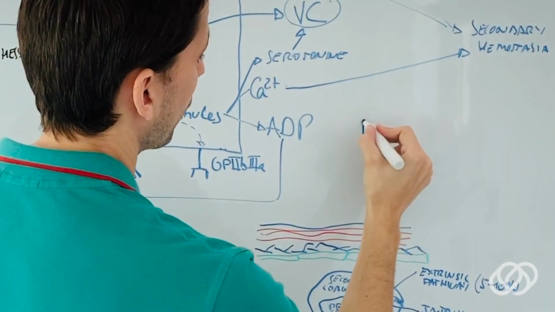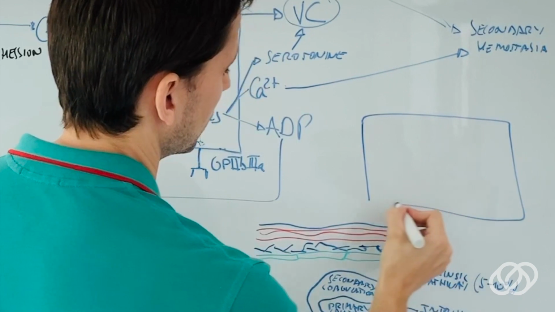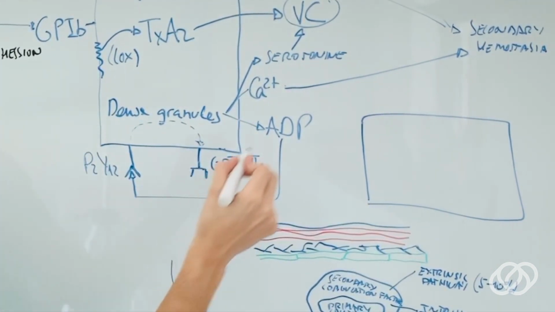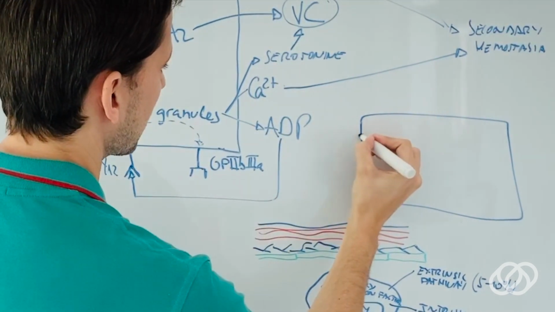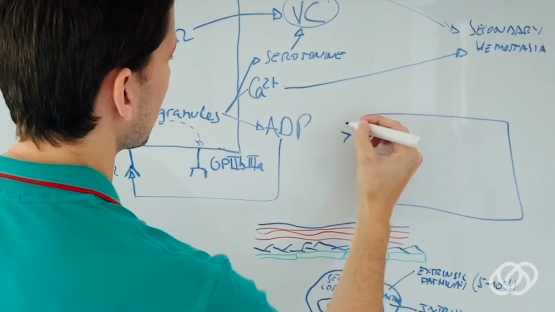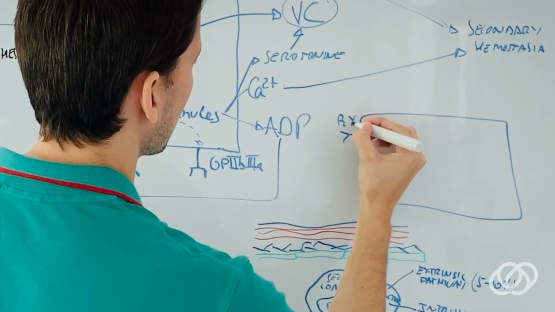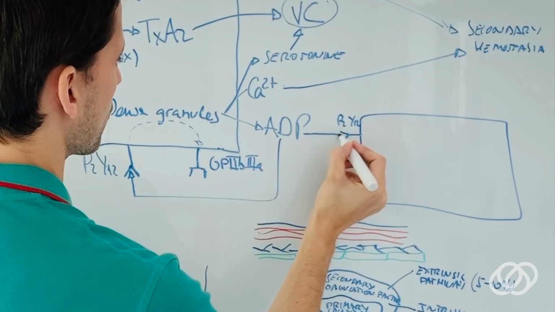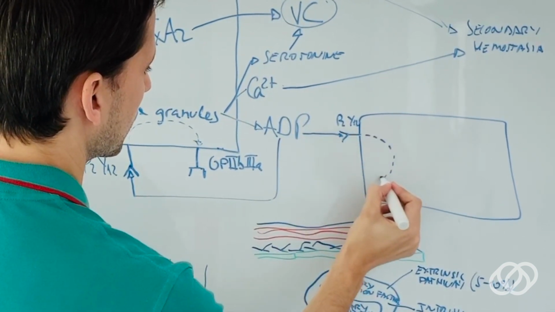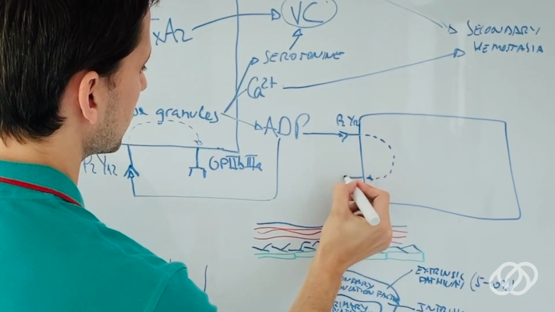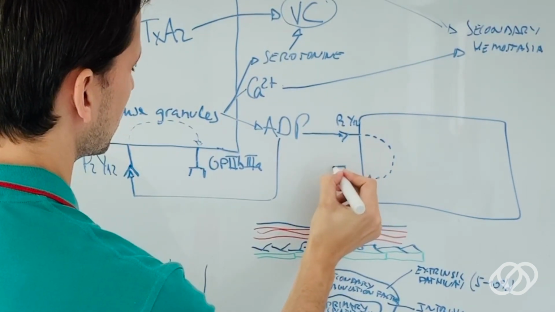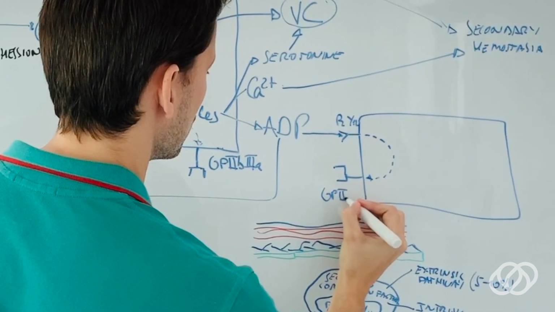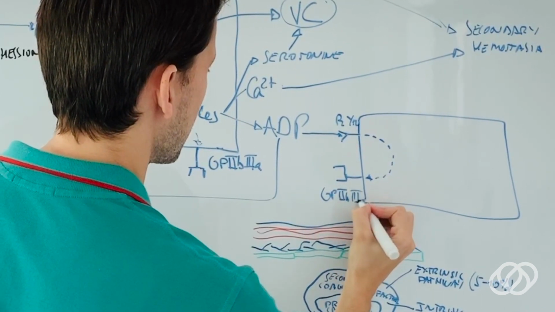And it happens that this ADP and the other substances will not only act on this platelet, but will also act on other platelets that are coming to the same site by blood flow. So here we are going to find another P2Y12 receptor, and this will join and then activate another GP2B3A.